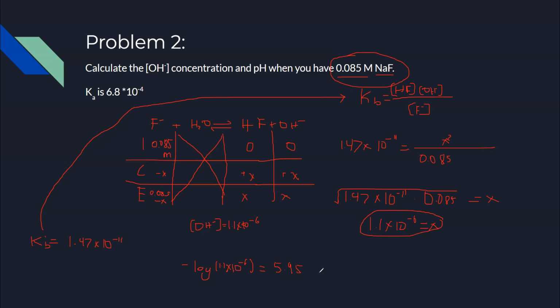From this, you have to subtract 5.95 from 14 to get pH. And 14 minus 5.95 would finally equal 8.05.